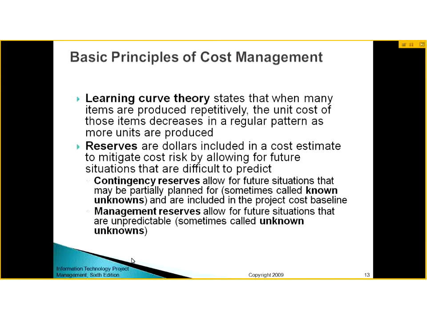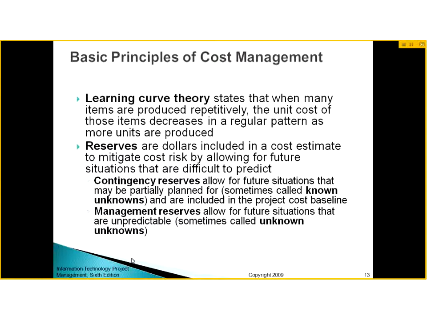Learning curve theory says that when many items are produced repetitively, the unit cost of those items decreases in a regular pattern as you produce more units. And reserves, in terms of cost management, are the dollars included in cost estimates to mitigate cost risk by allowing for future situations that are difficult to predict.